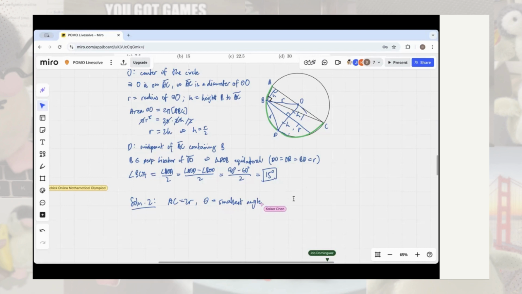Then the sides will be 2r sine theta and 2r cosine theta, which will be AB and BC respectively.